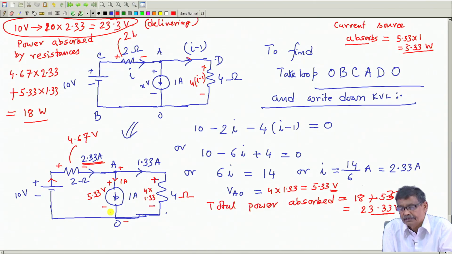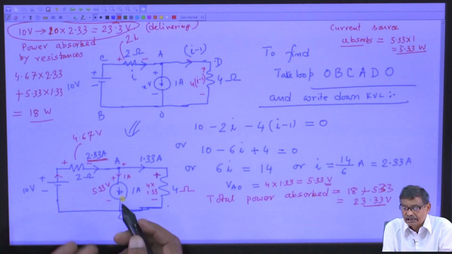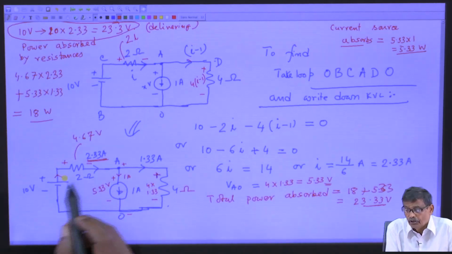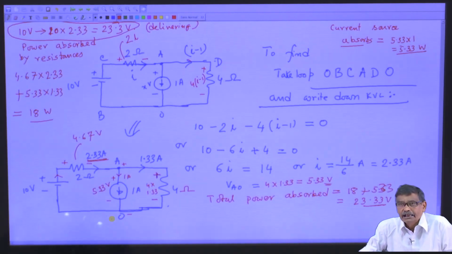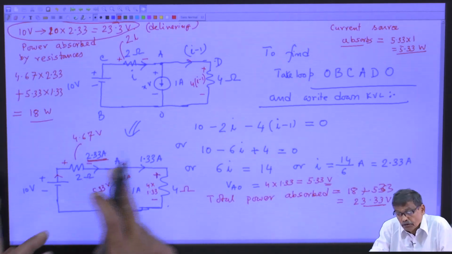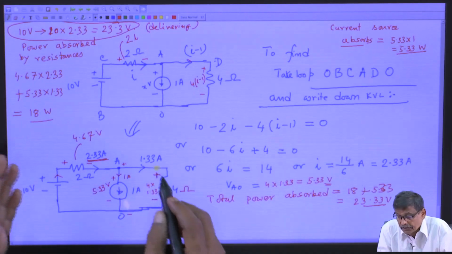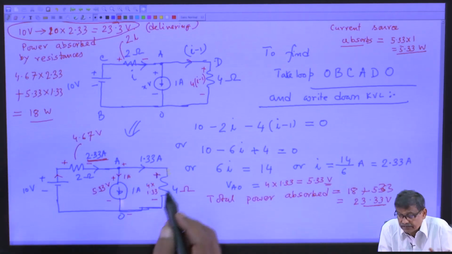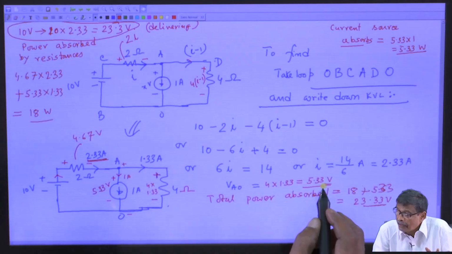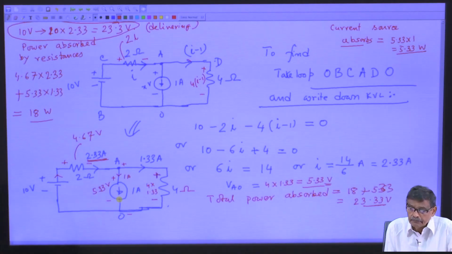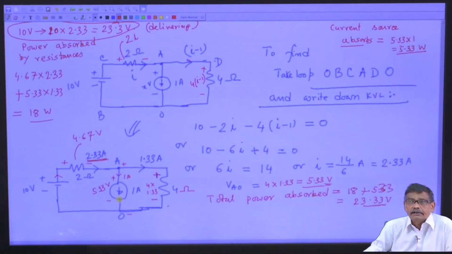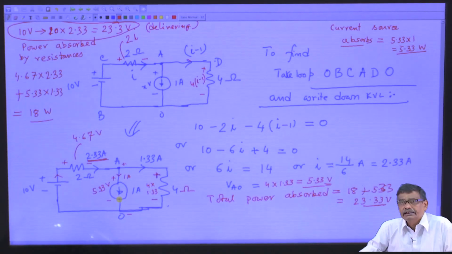This 1 ampere is conditioned by the presence of this current source. So, you have to solve the other currents, but the voltage across the current source I do not know. After I have solved this circuit, I discover that for this particular load VAO is 5.33. So, it is the voltage across the current source which really needs to be calculated.